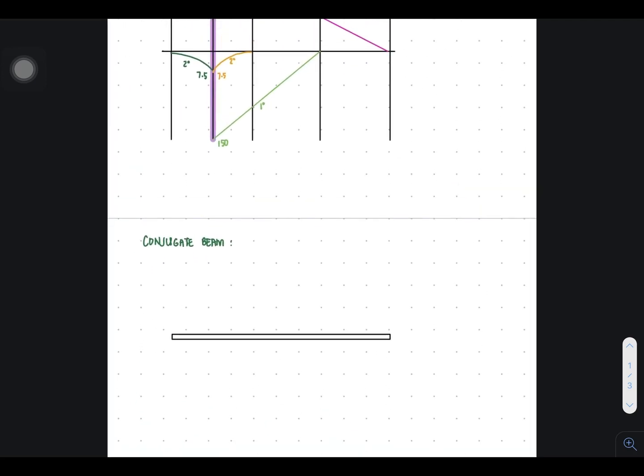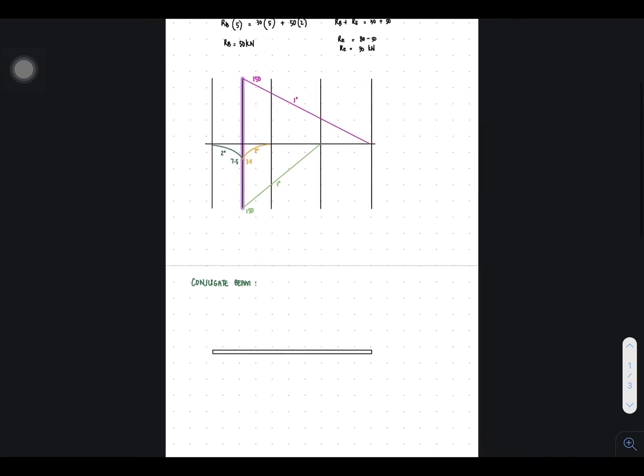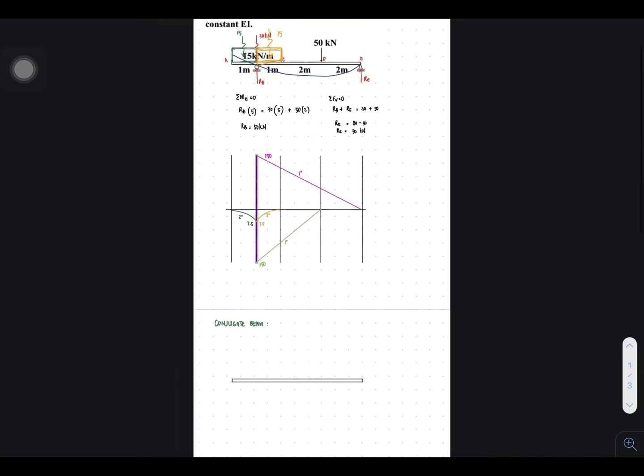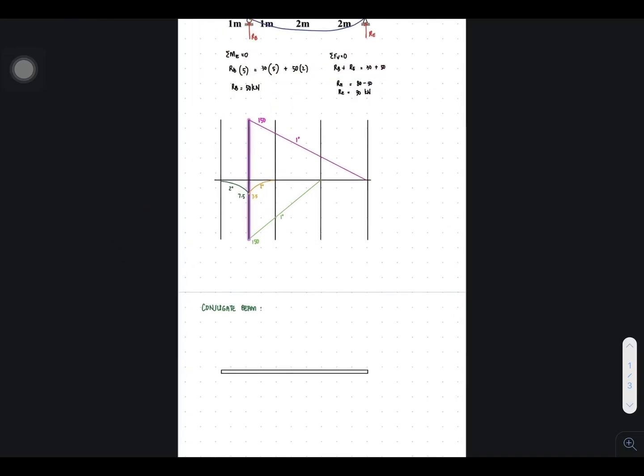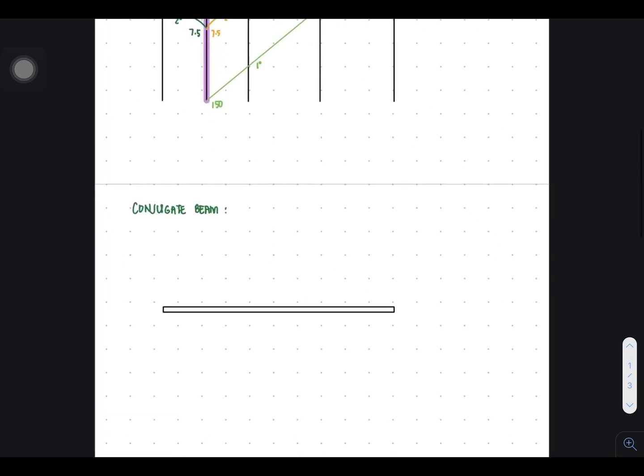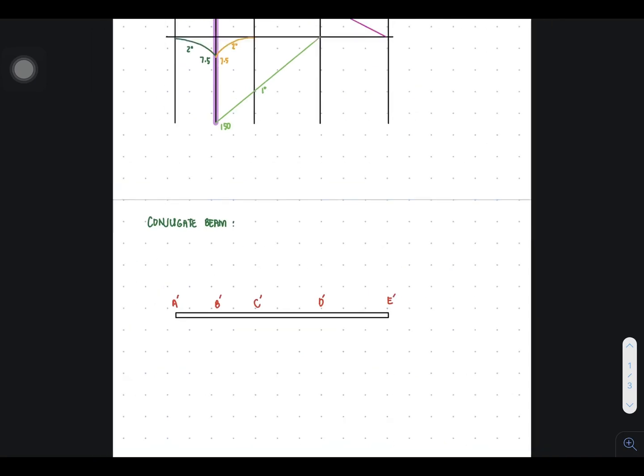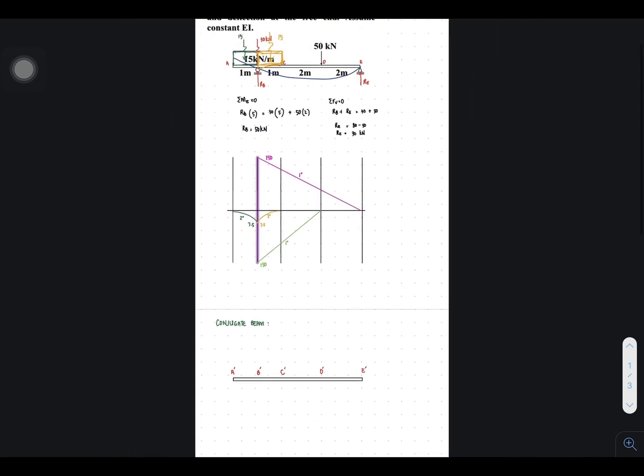Okay. And then we're going to evaluate the supports. Let's write the letters. So this is for A, this is for B, this is for C, this is for D, and this is for E. But this time, they are now A prime, B prime, C prime, D prime, E prime.